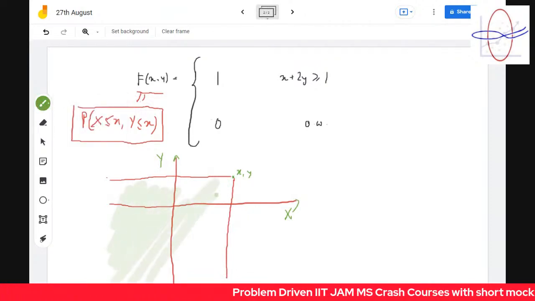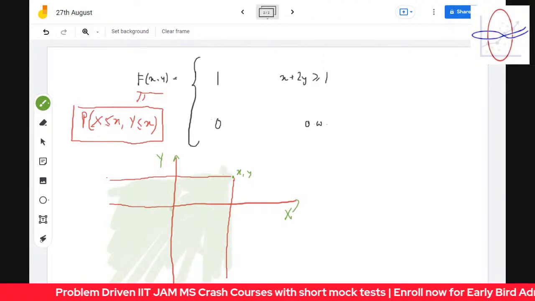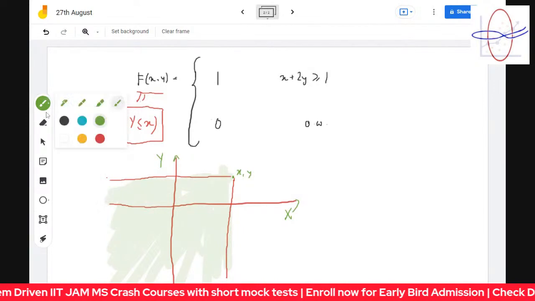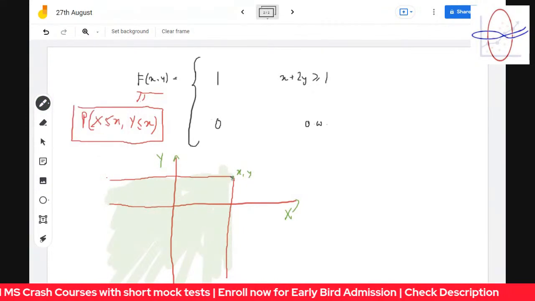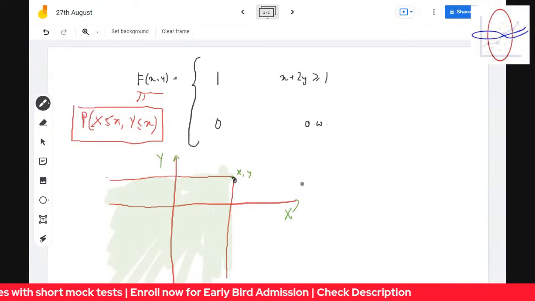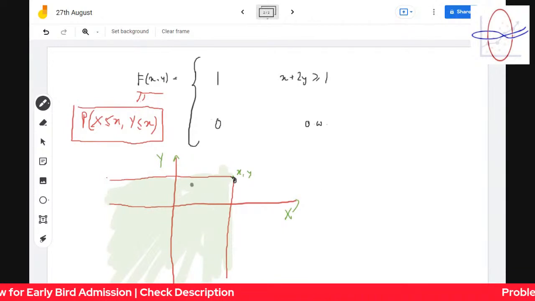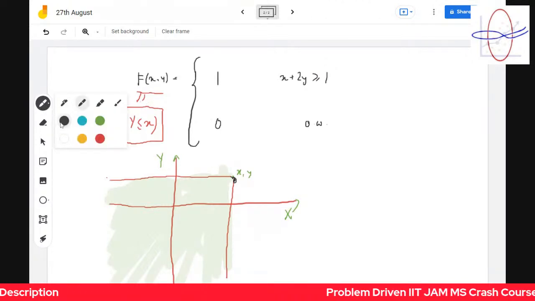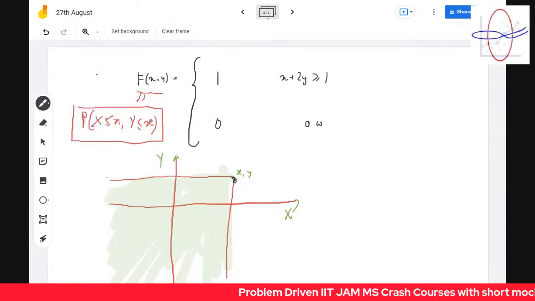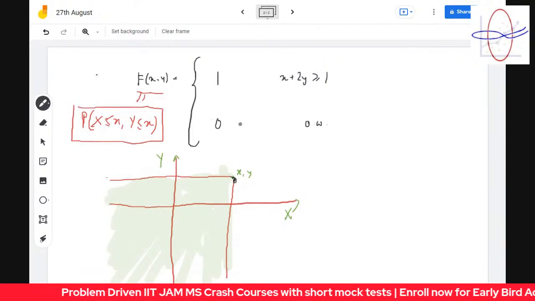That's what this probability is calculating. The probability of our outcome being in this marked region is what F of x comma y is. This is what joint distribution is all about. Why we are taking this to be the joint distribution is a different thing altogether, but the main idea is that this is the probability.